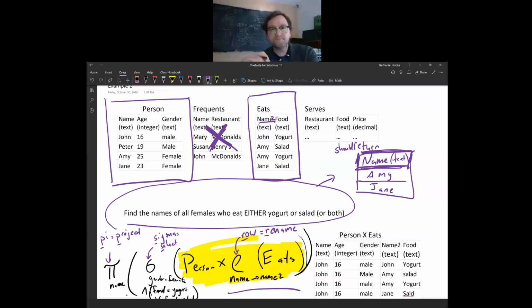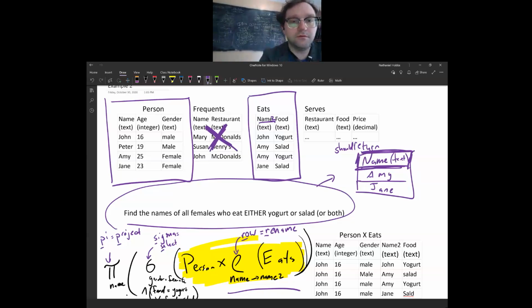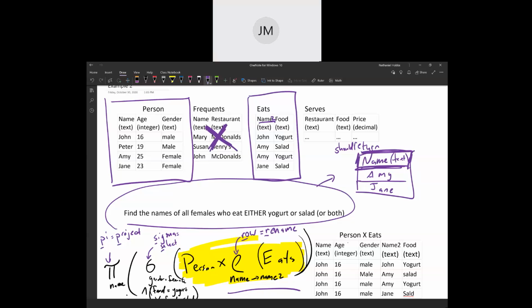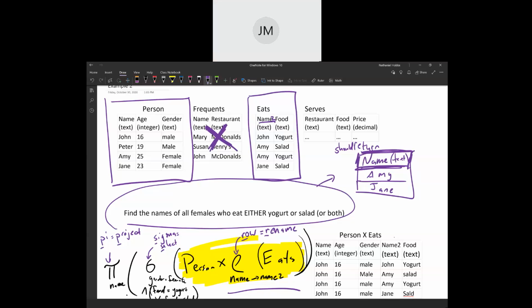Okay, and so what would the first row of this look like when you cross multiply these two relations? Would it be name 1 from the person table? Or are we only dealing with the eats table? Well, I mean, it's both. I know you're cross multiplying, but when it returns, what table is it?